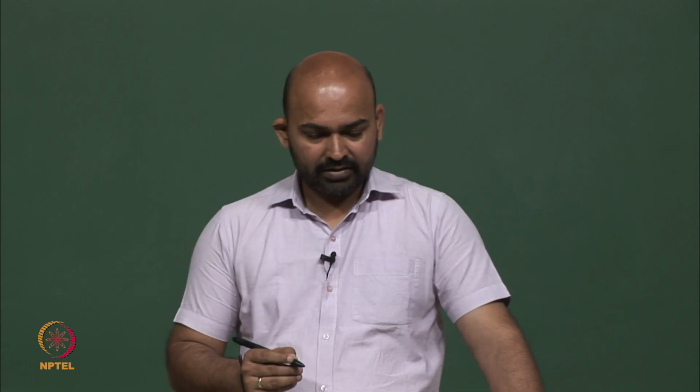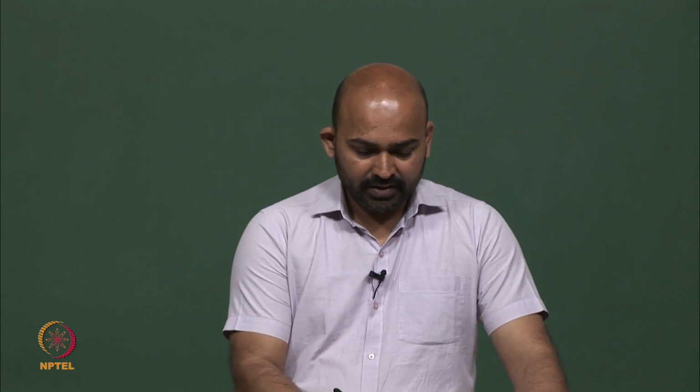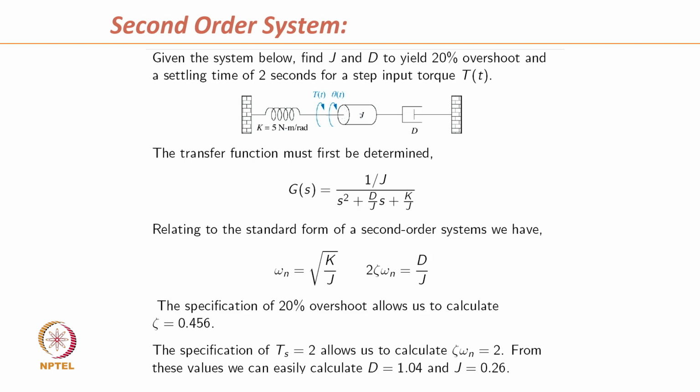So, one example is given here. We have this mechanical system which is a mass connected to a spring and a damper.